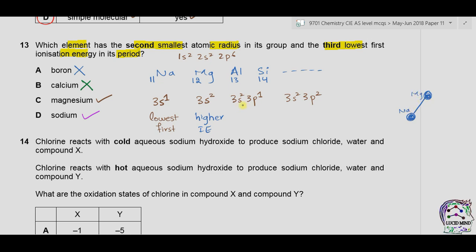For aluminum, the electron will now be removed from the 3p orbital instead of the 3s orbital. As we know, the 3p orbital is farther from the nucleus as compared to the s orbital, so the first ionization energy will decrease. So for aluminum it will be at this place.